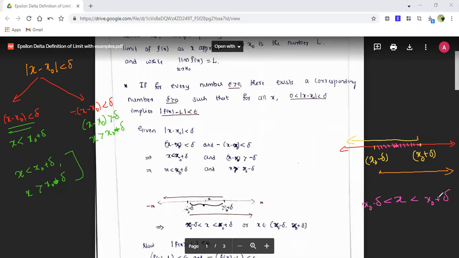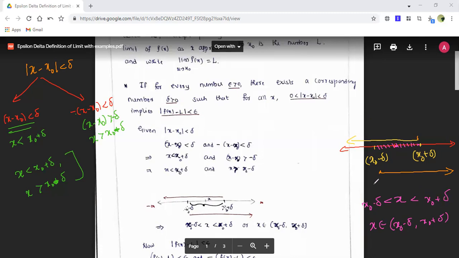It is actually the open interval, so we can write x belongs to the open interval x naught minus delta, x naught plus delta.